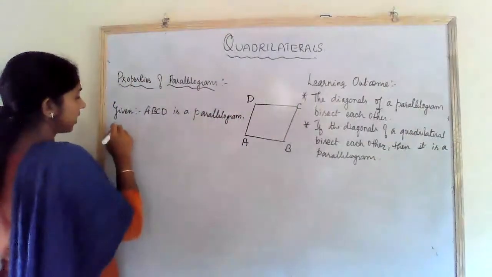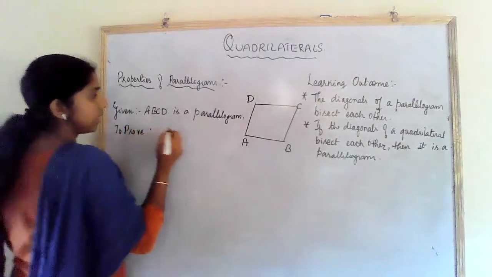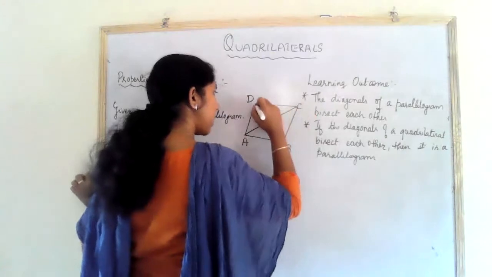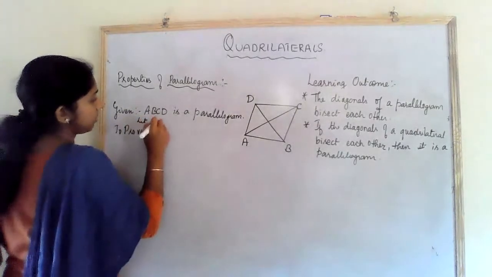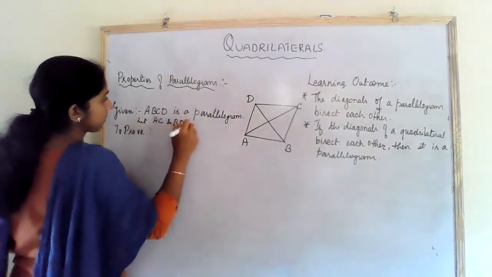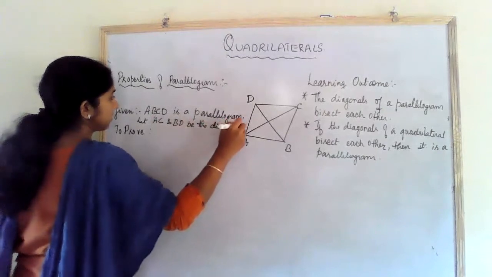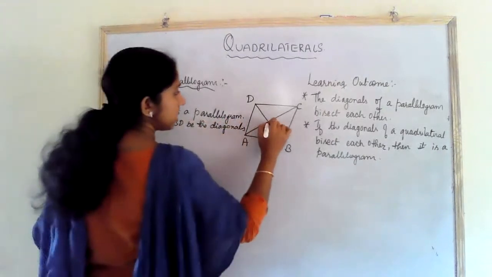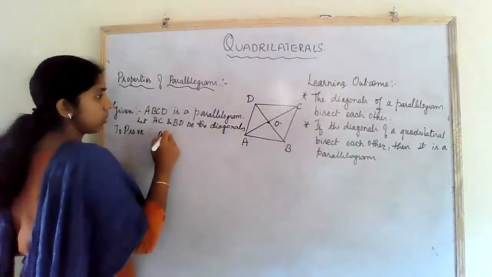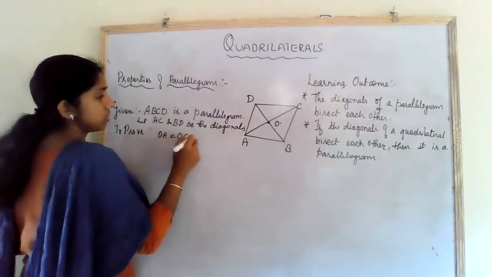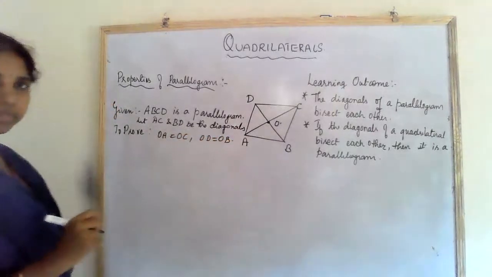To prove, let us take the diagonals AC and BD. The diagonals meet at O. We have to prove that OA is equal to OC and OD is equal to OB.